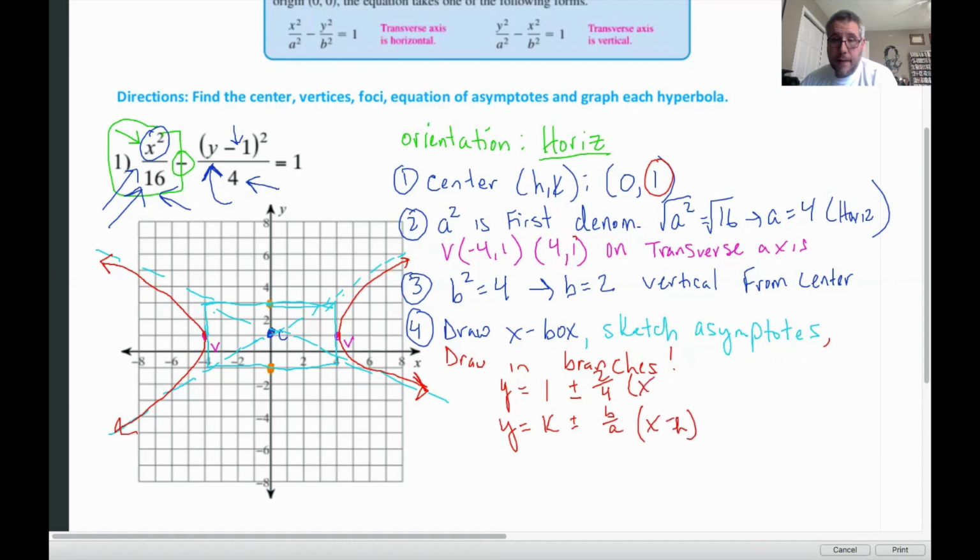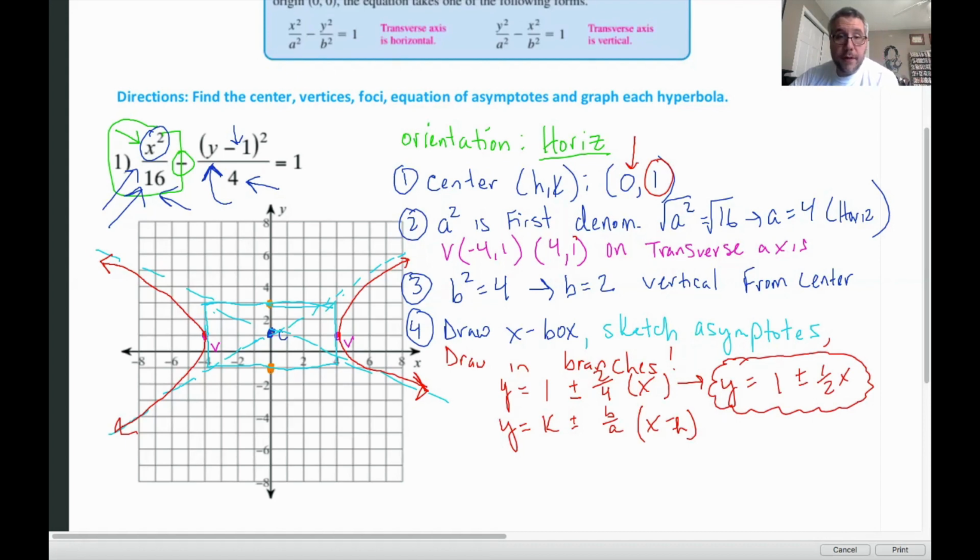So h here is 0, so I'm not going to put minus 0. That doesn't do anything. So that is basically it. We can simplify a little bit here. We have y equals 1 plus or minus 2/4, which is 1/2 x. That is the equation of the linear asymptote lines, diagonal lines. So we've got that. We sketched in the branches, we're good.